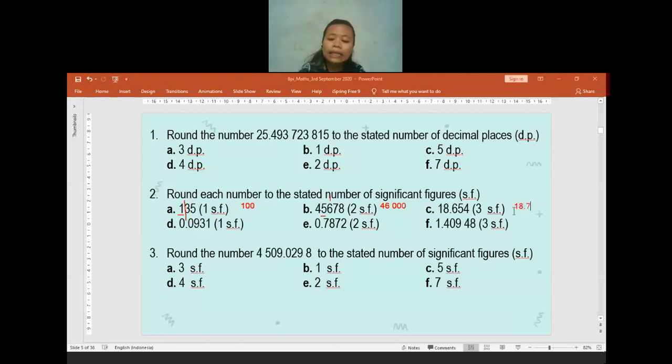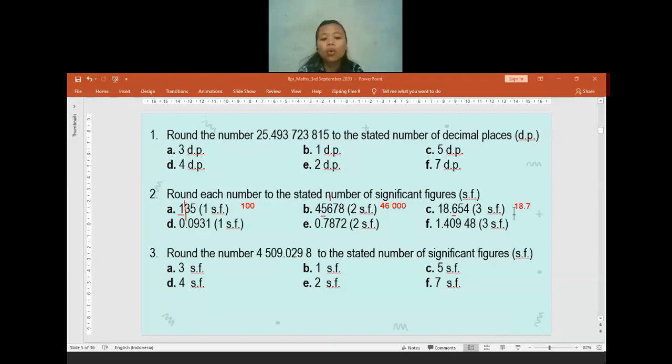When it is a decimal, do not put 0 behind, because if you put 0 behind, the 0 will be counted as a significant figure. But the question is only asking for 3 significant figures. That's why you only write 18.7.